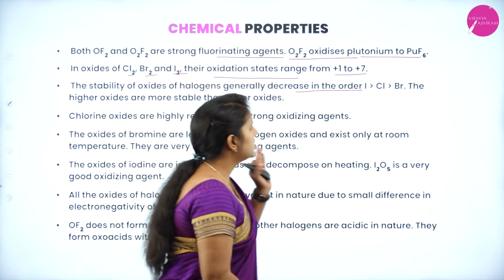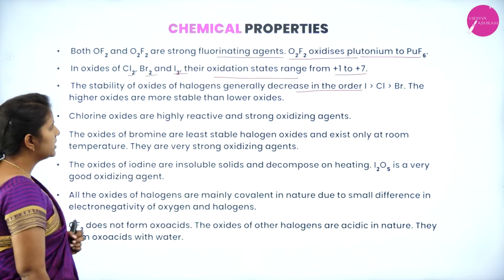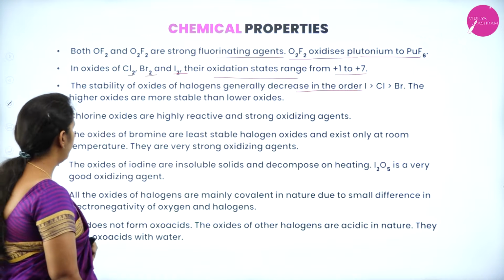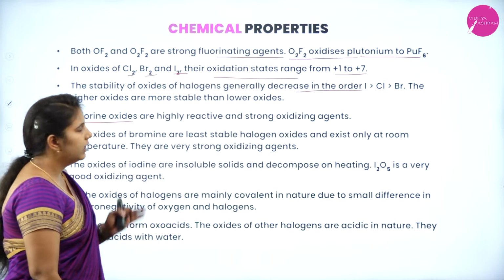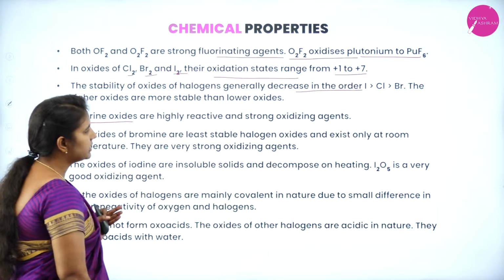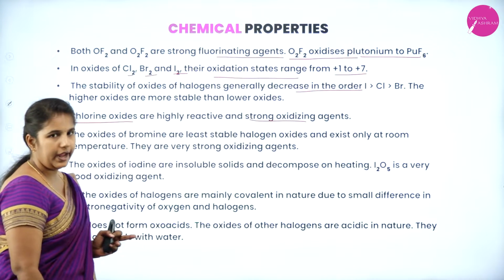So you can see that for iodine, chlorine and bromine, the higher oxides are more stable than the lower oxides. And coming to the chlorine oxides, the chlorine oxides are highly reactive and generally known as what? Strong oxidizing agents.